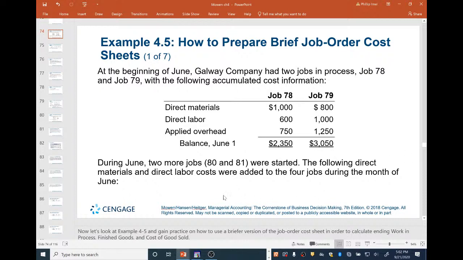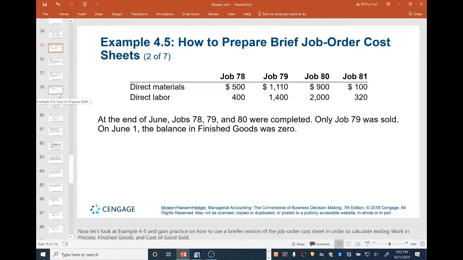So it says during the month of June, 2 more jobs, 80 and 81, were started. The following direct materials and direct labor costs were added to the 4 jobs during the month of June. So we can see here the direct labors, direct materials, job 80 and 81 were added.